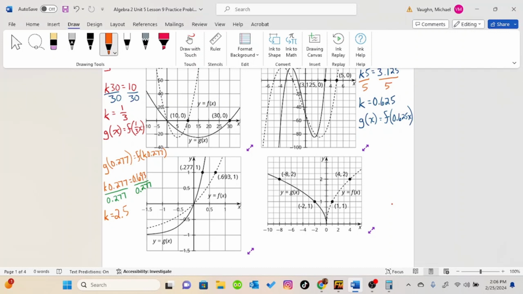So we would write g of x equals f of 2.5x.